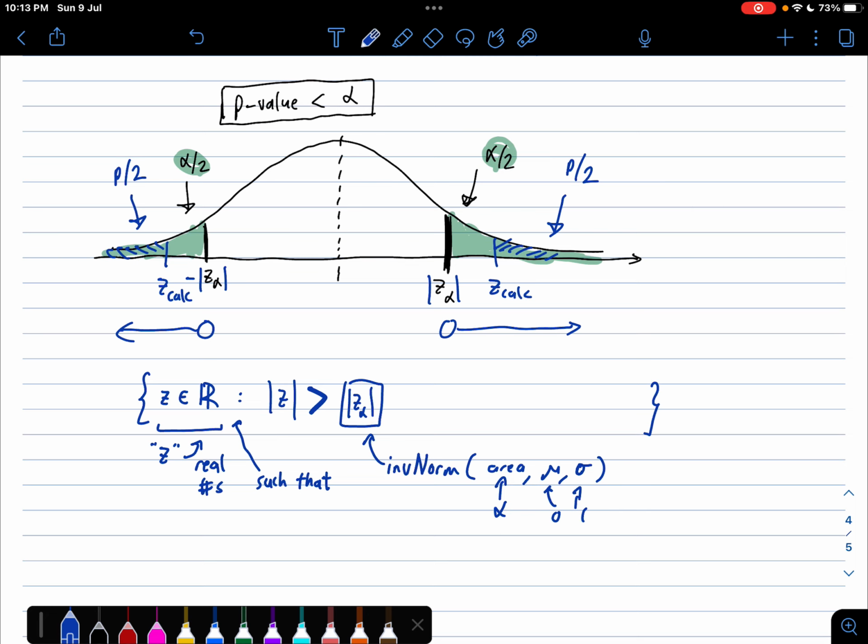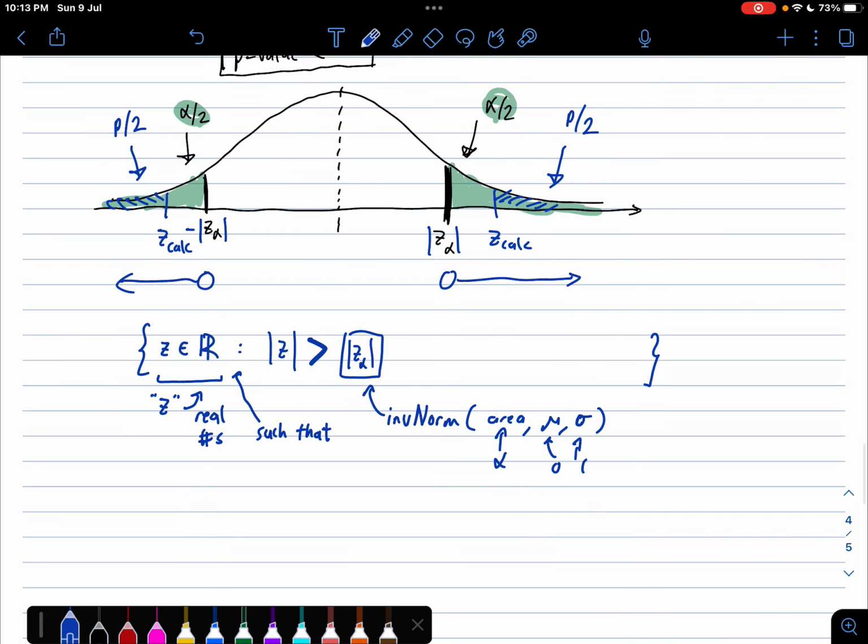Does that make sense? If you remember, mod x more than 1, how do you open it up? x less than negative 1 or x more than positive 1, correct? What if I change this 1 into a 5? x less than negative 5 or more than positive 5. But what if I change this into a modulus 5? Don't worry, just bring along the modulus for the right.